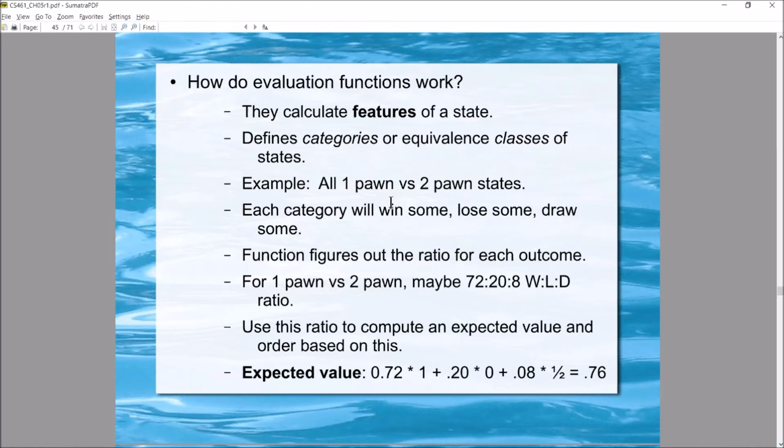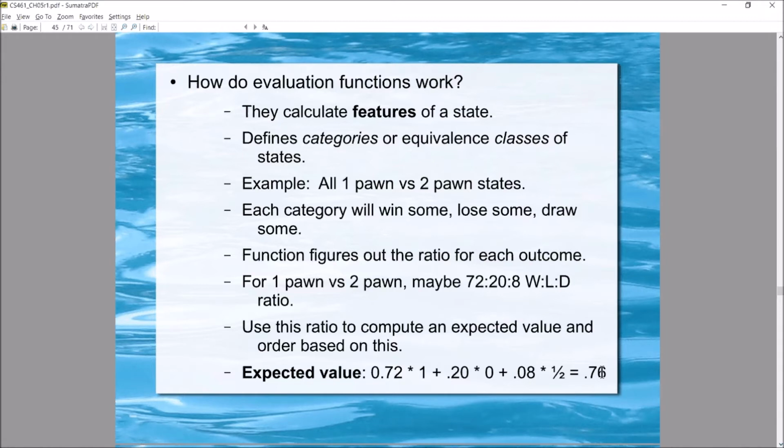So out of 100 games, 72 are going to lead to a win, 20 are going to lead to a loss, 8 are going to lead to a draw. So that ratio can then be used to figure out the expected value of that particular state, and then order the states based on that. So expected value: 0.72 times 1 plus 0.20 times 0 plus 0.08 times 1/2 equals 0.76.